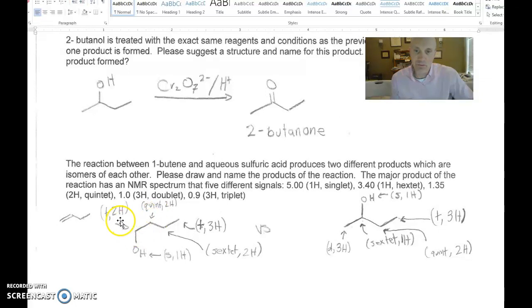That would make it a triplet with two protons. This is a quintet because it's got 1, 2, 3, 4 neighbors. So that should have a signal with 5 peaks. This would be a sextet because it's got 1, 2, 3 on that methyl group and 4, 5 there. And this would be a triplet.